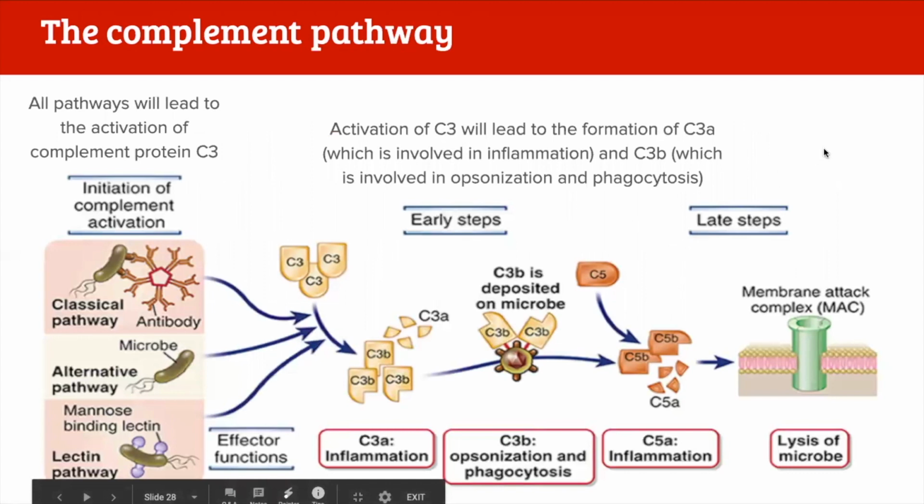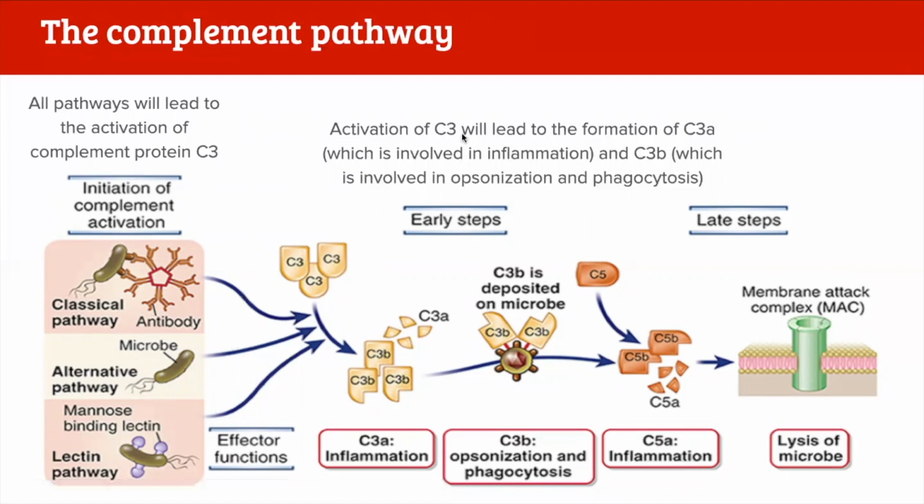Here's just a diagram which shows it a bit easier. Remember, all pathways, your classical pathway, alternative pathway, and lectin pathway, will all lead to the activation of complement protein C3. See how it's all leading to activating your complement C3?